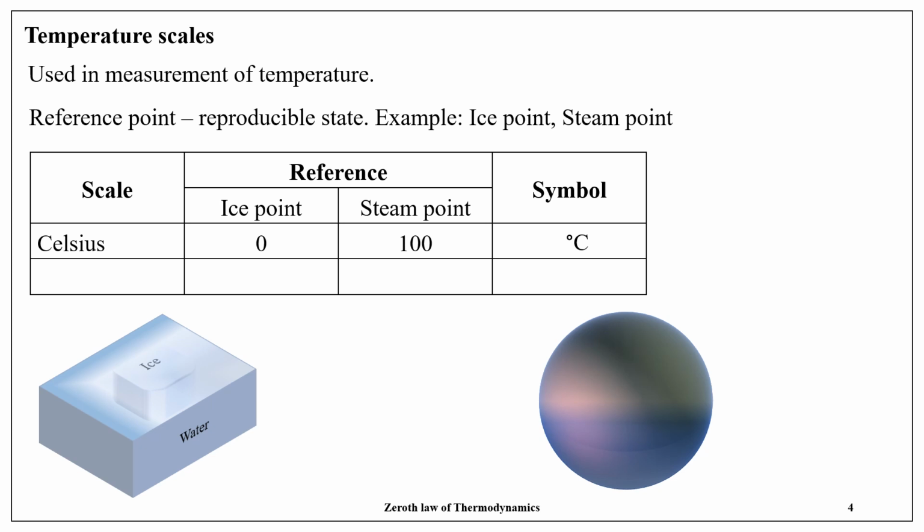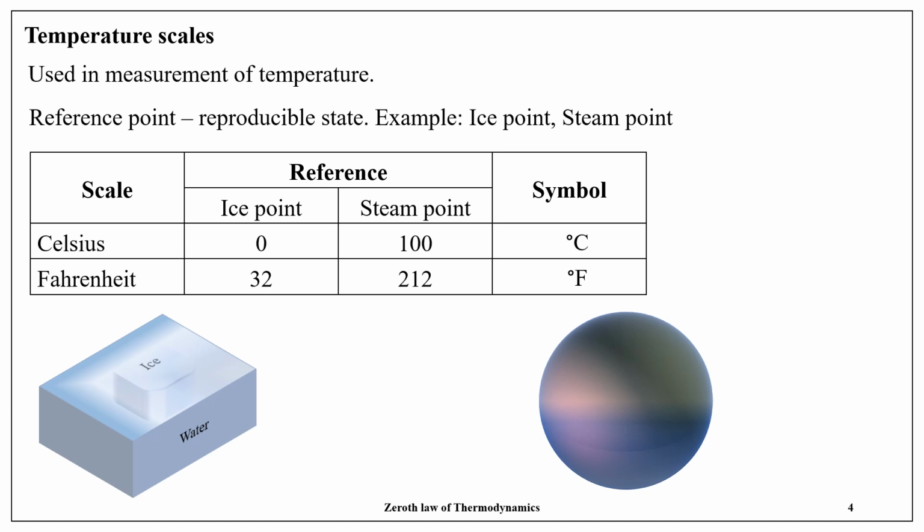So the 0 and 100 are arbitrarily assigned in the Celsius scale. The other one is Fahrenheit. In Fahrenheit, the ice point is arbitrarily assigned a value of 32 and the steam point 212.